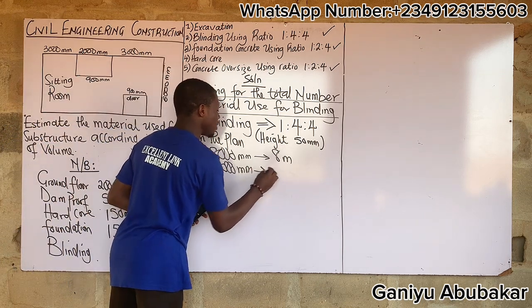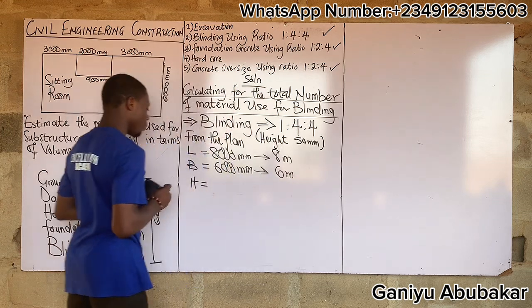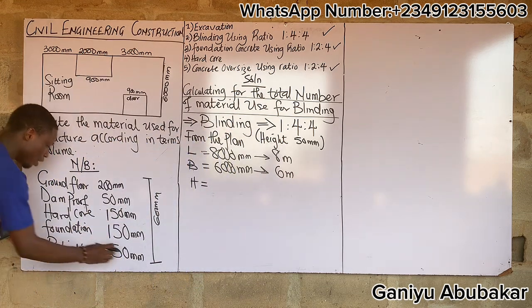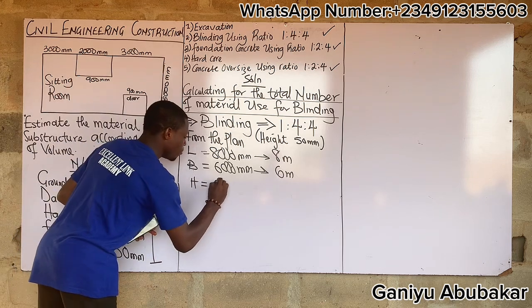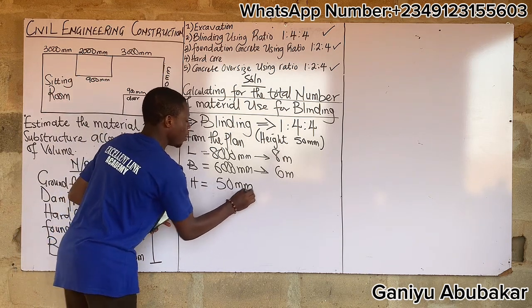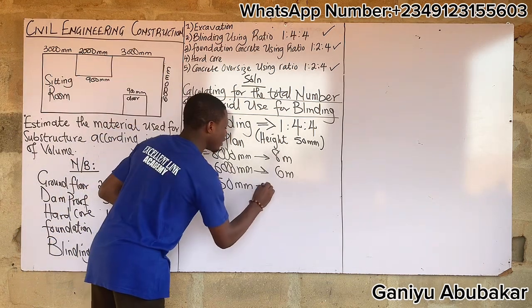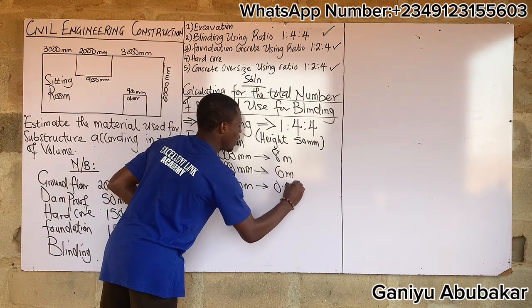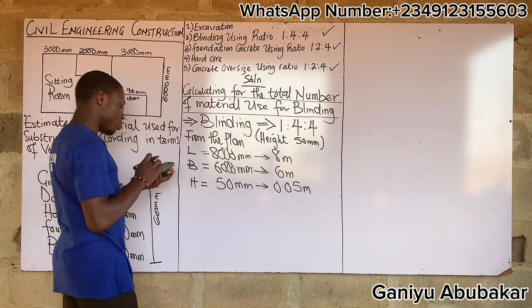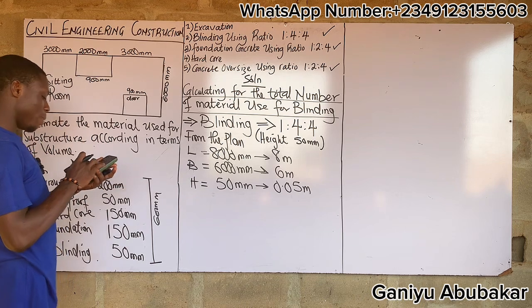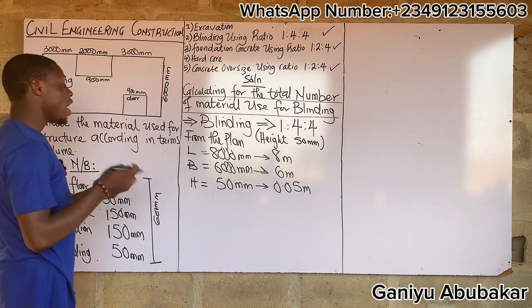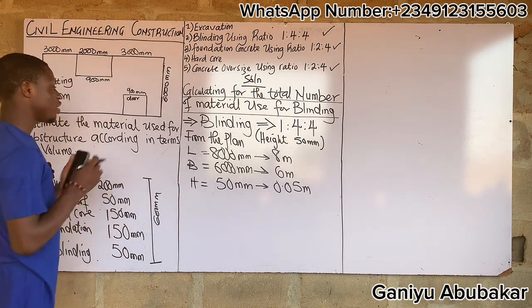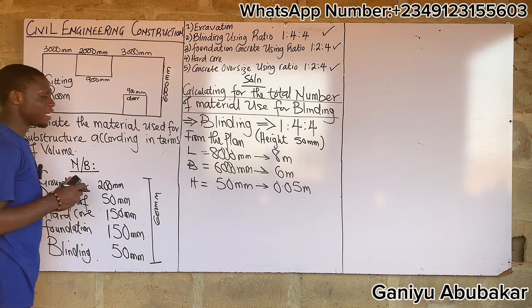Please convert it to meter. That becomes 6 meter. My entire height there is 50 millimeter. Converting this, 50 divided by 1,000, I have 0.05 meter. So I've gotten my length, width, and height.